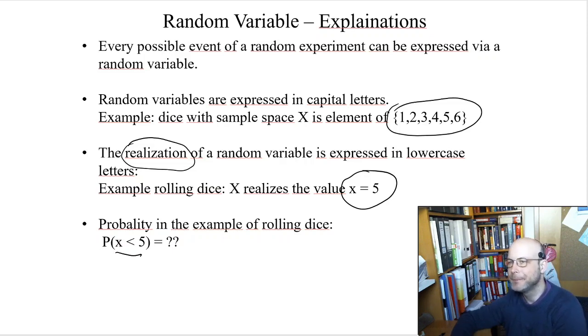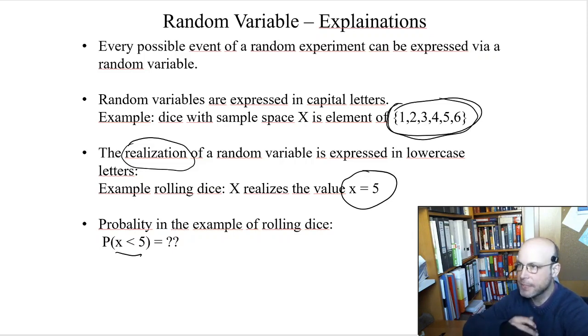Could you help me? I know this is a really hard question. The sample space is 1, 2, 3, 4, 5, 6. What is the probability that the number we have rolled is smaller than 5? And we have a perfect dice.